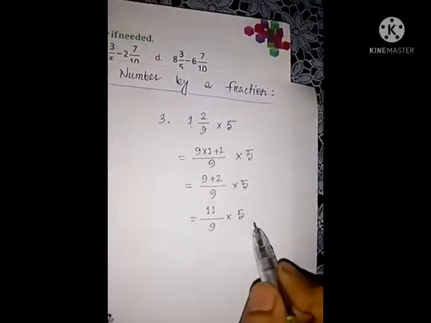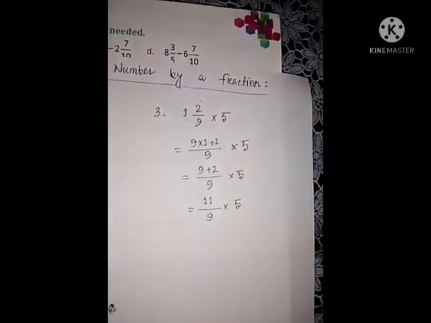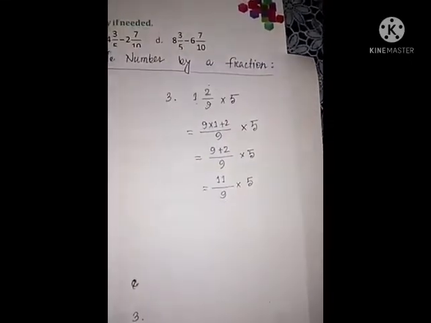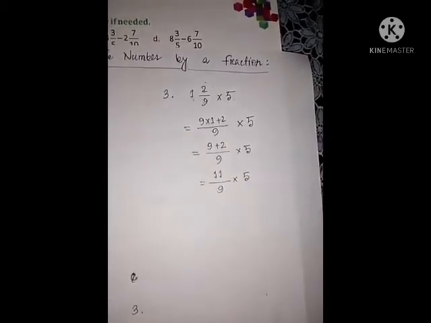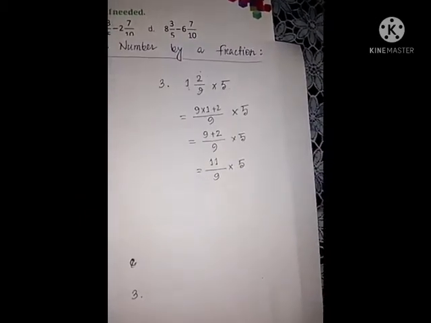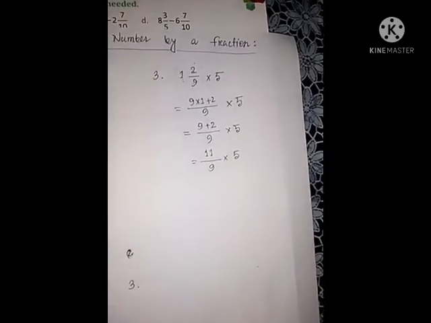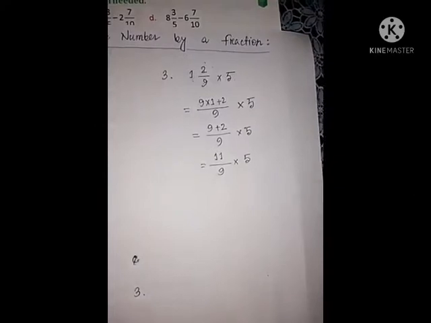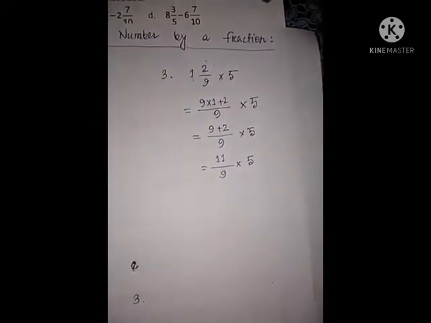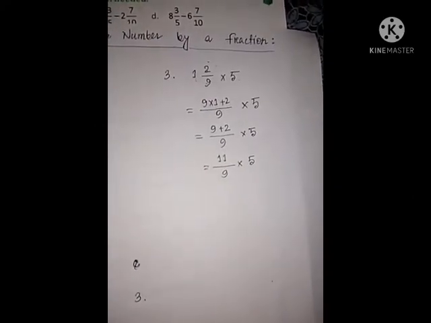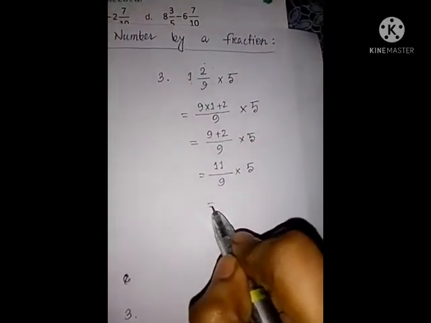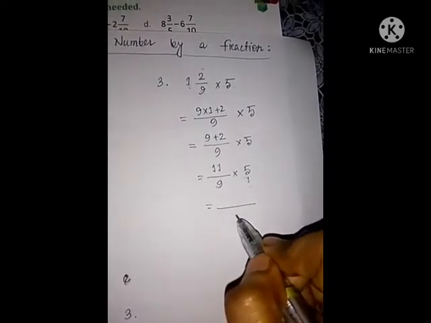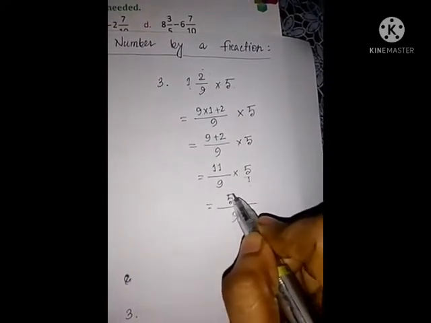Now multiply this. Multiplication is very easy compared to subtraction and addition, because in case of subtraction and addition we have to find the LCM first before we add or subtract the numbers. But in multiplication we only have to multiply numerator with numerator and denominator with denominator, right? Now see here, we know 1 is present as the denominator. 9 1s are 9 and 11 fives are 55.